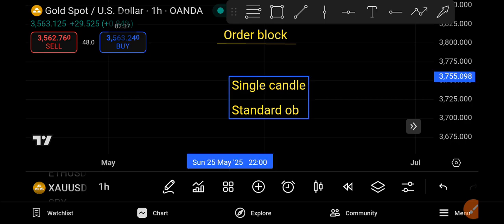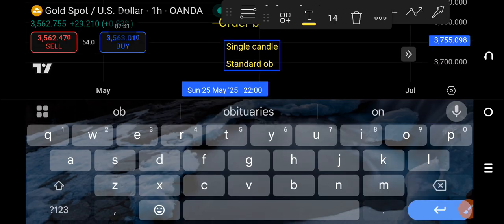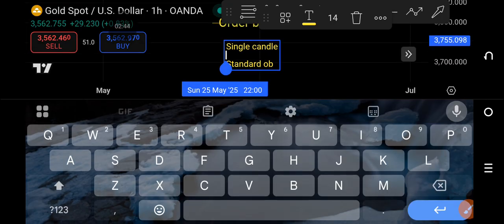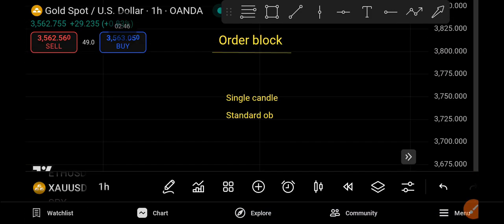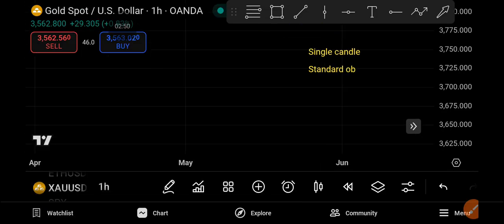I hope you're getting what I'm saying. We have a single candle order block and a standard order block.